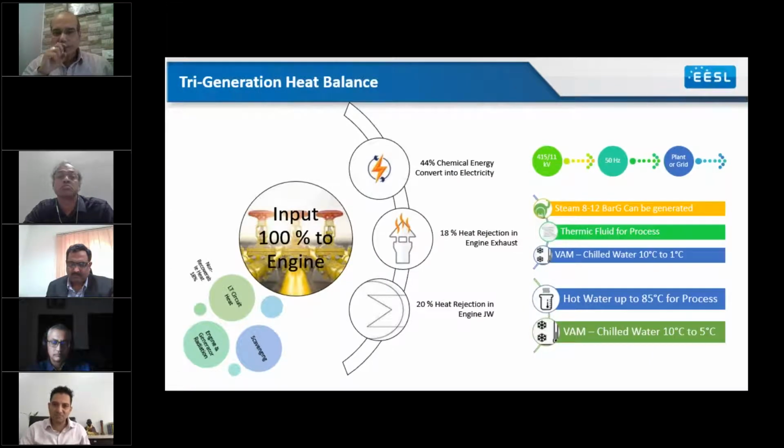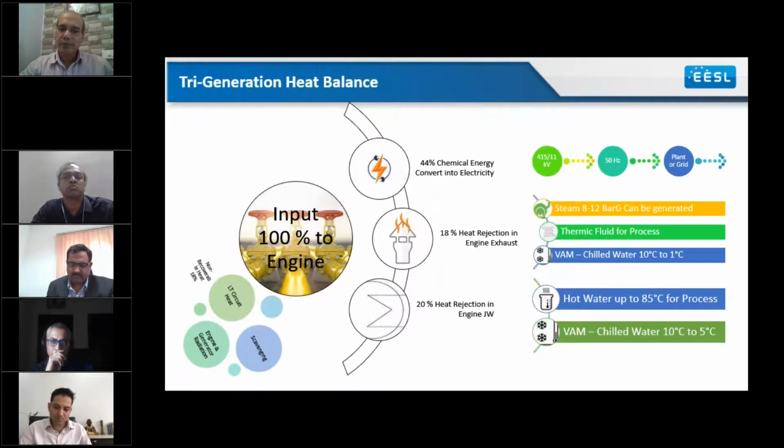So 44% of the fuel will be converted into electricity. 18% of the heat, the exhaust heat, will provide steam at 8 to 12 bar pressure. We can provide thermic fluid for your process.